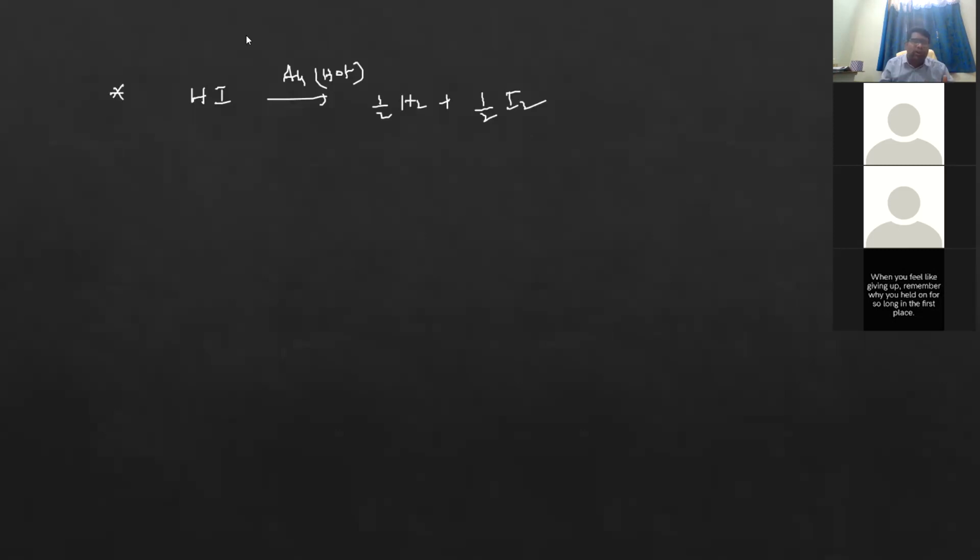It is also zero order because it is heterogeneous, in the presence of a catalyst, the hot gold surface. And one more is the decomposition of N2O. N2O forms nitrogen gas plus half mole of O2 in the presence of a hot platinum surface. This is also a zero order reaction.